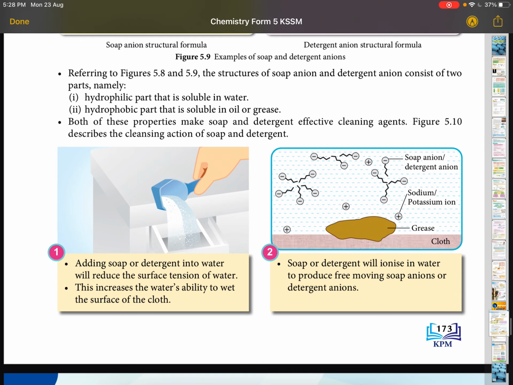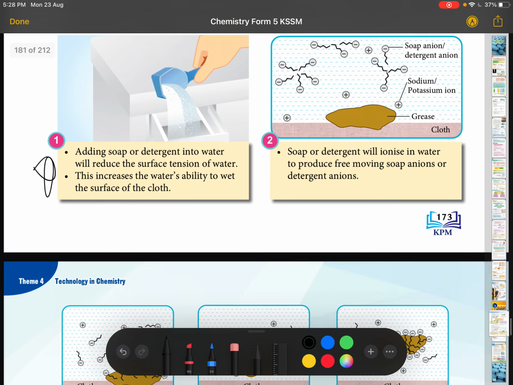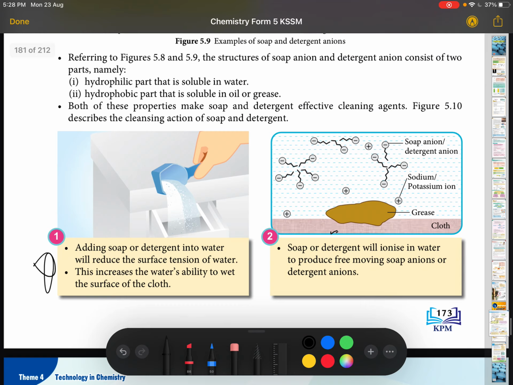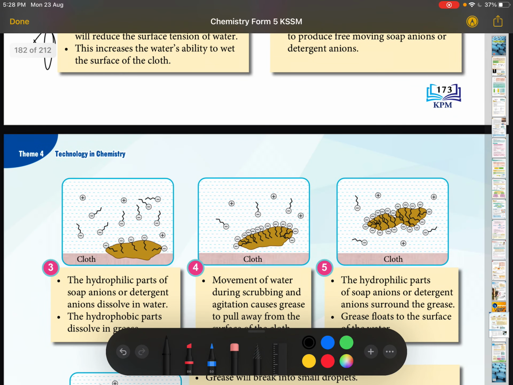Okay, first of all, when you add it, you can reduce surface tension. I think this is something that should be known, but it's not important. The important part is this part. How does it remove the grease? First of all, it ionizes, and then the anions like grease because there's a hydrophilic head and a hydrophobic tail.